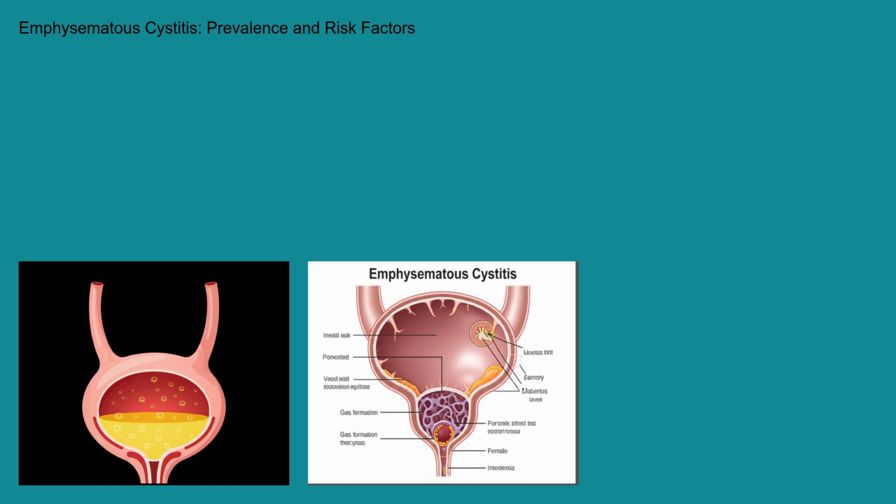While exact figures are challenging to obtain, studies suggest that it accounts for a small percentage of complicated urinary tract infections. It's observed more frequently in women than in men, possibly due to anatomical differences and a higher incidence of urinary tract infections in women. Older individuals are also at higher risk, likely due to age-related changes in immunity and increased prevalence of underlying conditions.